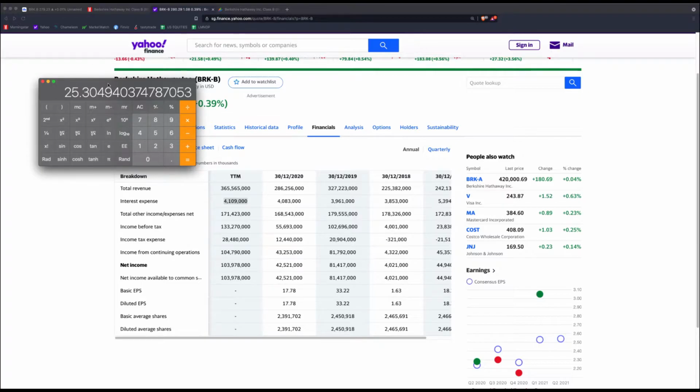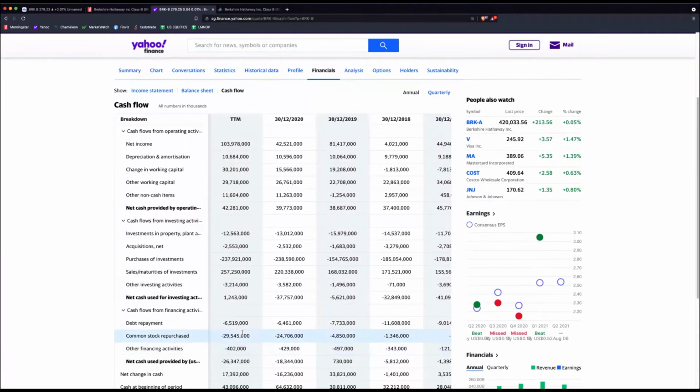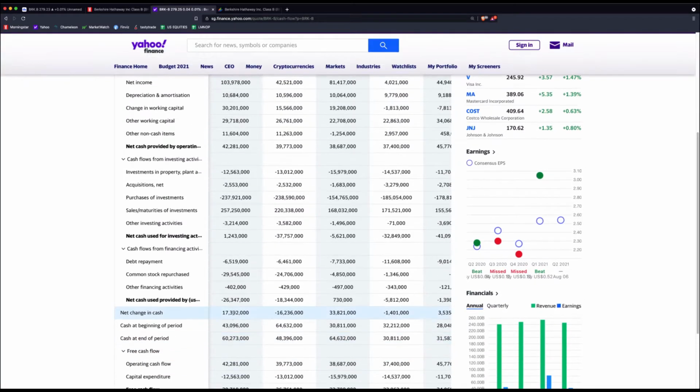So all the figures that we look at, essentially we see revenue is increasing. We saw that operating cash flow is increasing, free cash flow positive and increasing.